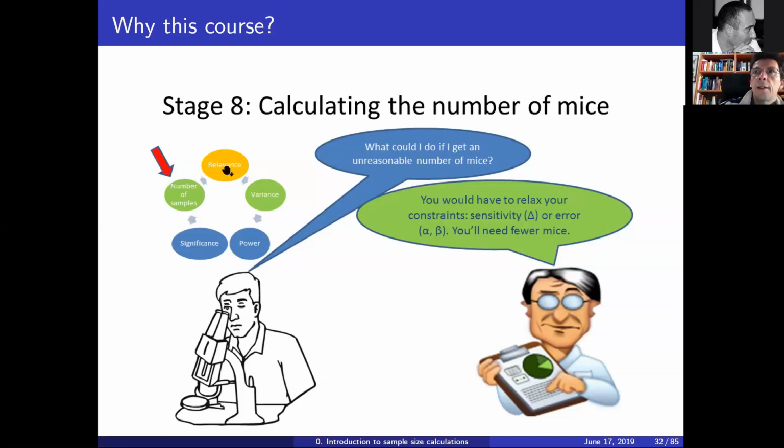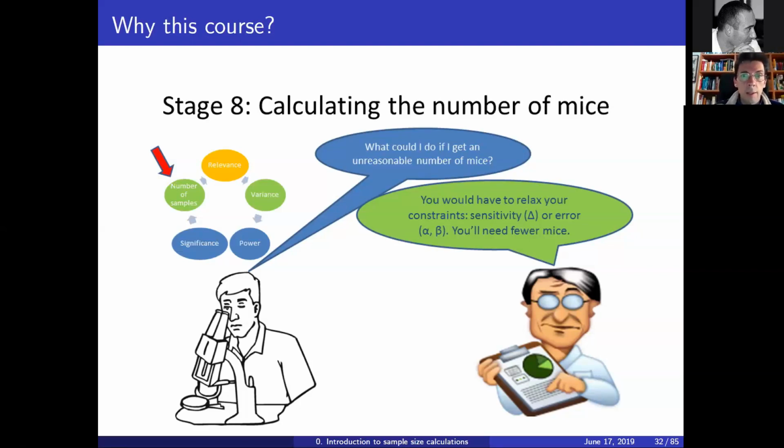In the example of the area of the lesion, if you want to detect a change from 50 to 45, just a 10% change, then probably you will need many more animals than if you want to see a very big change, from 50 to almost disappearance of the lesion. This almost disappearance is much easier to detect than just a small variation on the area of the lesion.